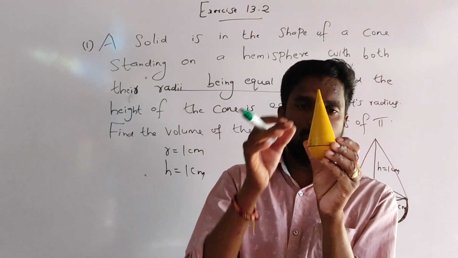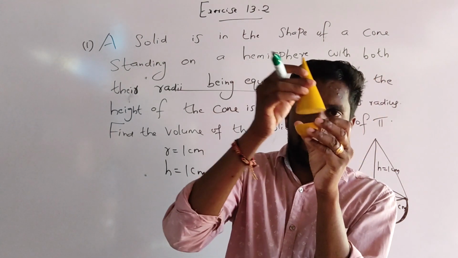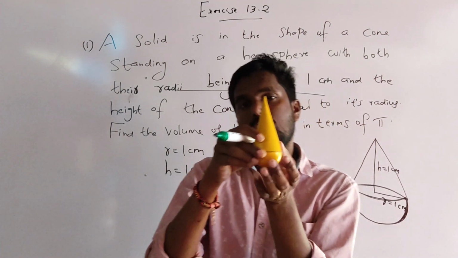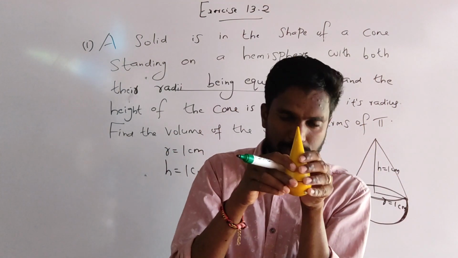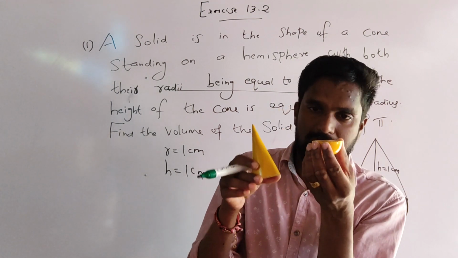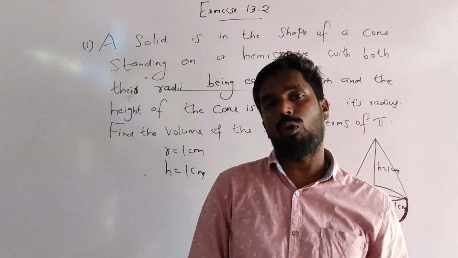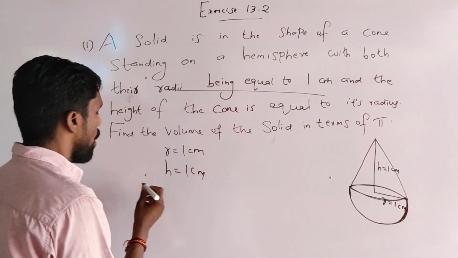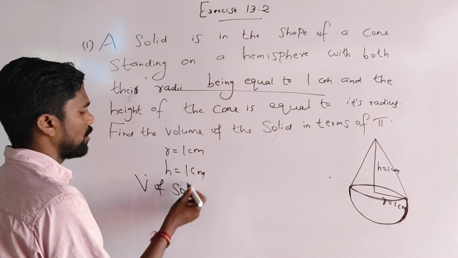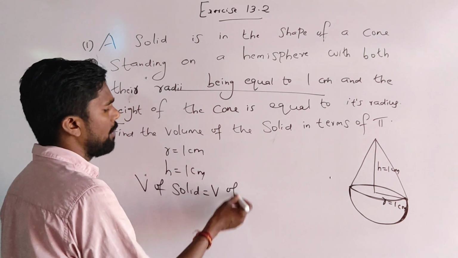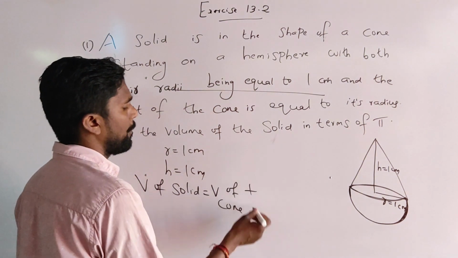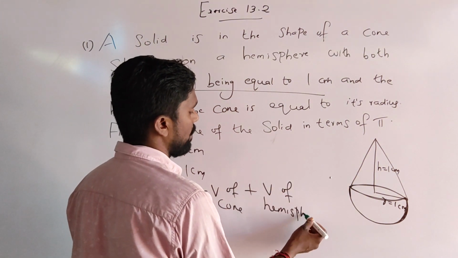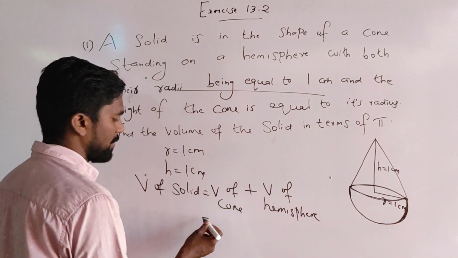So the volume of the solid means volume of hemisphere plus volume of cone. Both you have to add, then only you will get the volume of the solid.